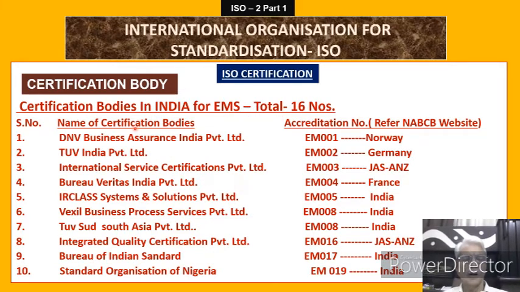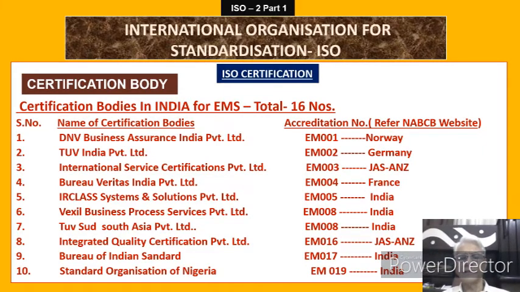Out of that I have mentioned these 10 numbers as per this reference NABCB list. Okay, and these are the various numbers and these are the respective countries to which they belong. So for QMS I have shown you in the previous slide. For EMS these are the certification bodies, their respective accreditation number and their respective countries to which they belong.